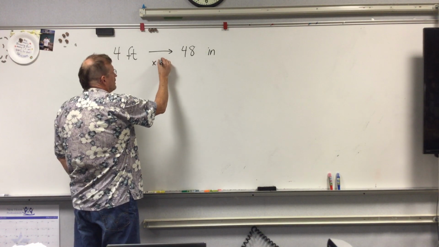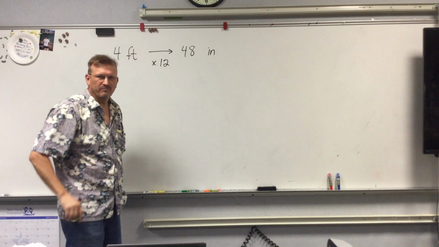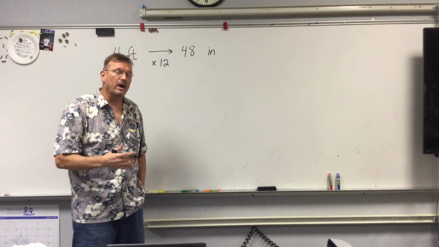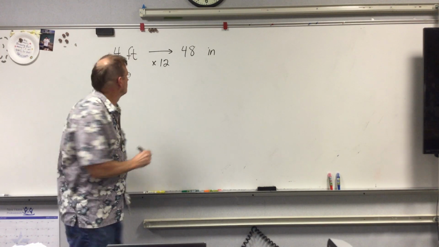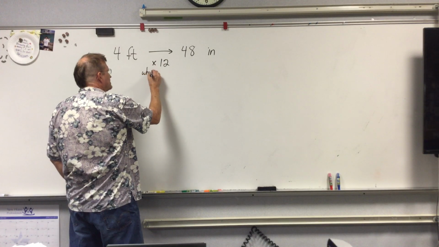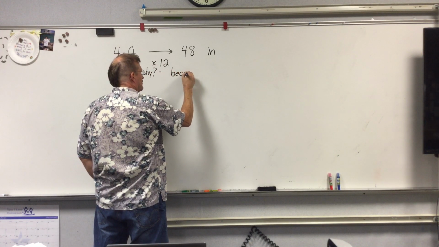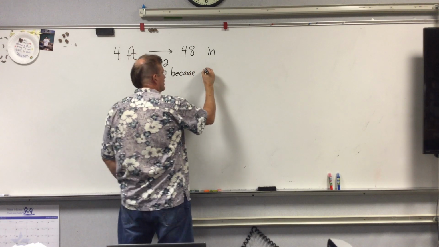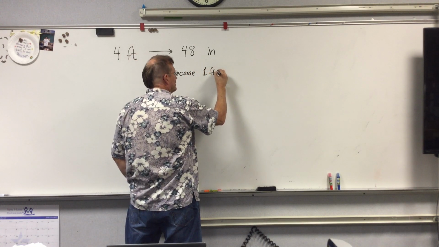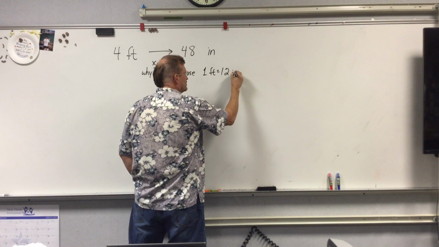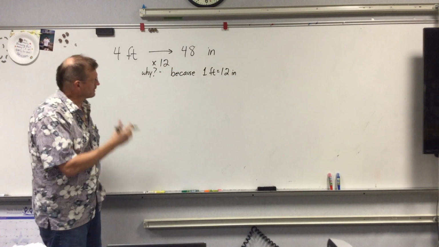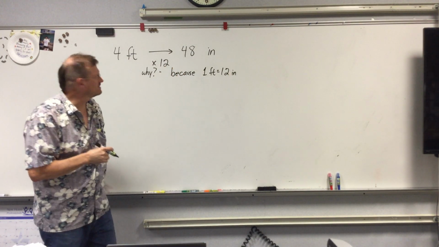Well, I multiplied by 12. And then I ask, why did you multiply by 12? And this is the answer that I get. Because 1 foot equals 12 inches. So I'm like, okay, makes perfect sense.